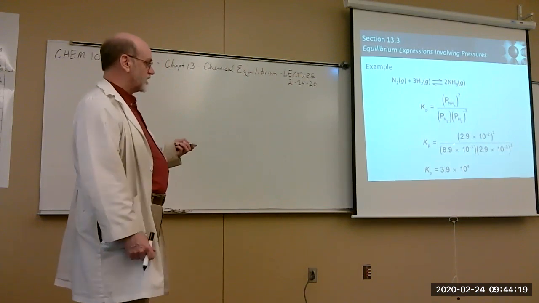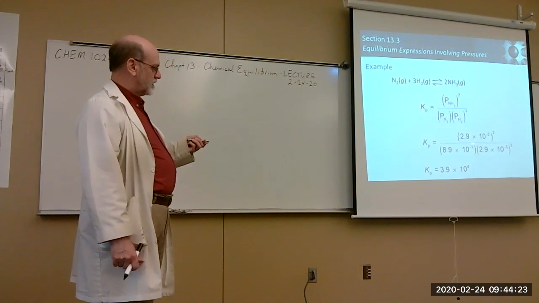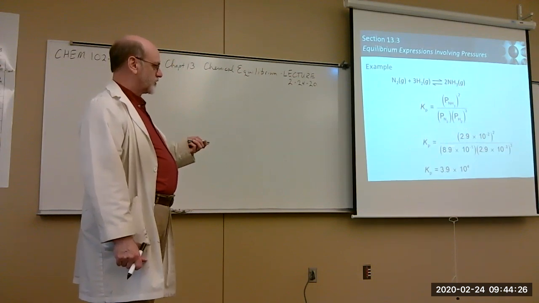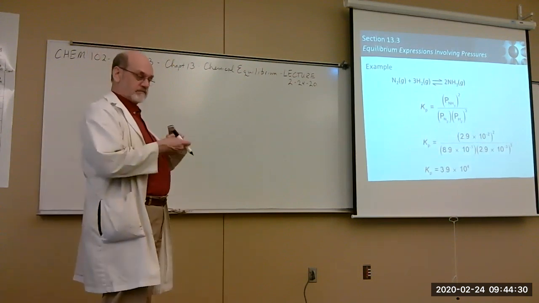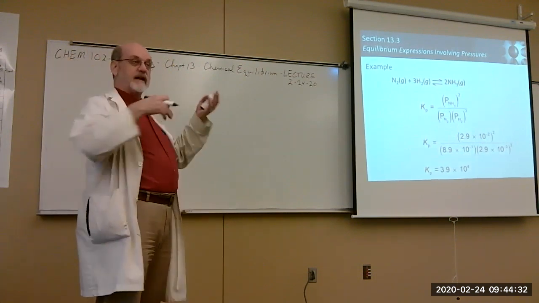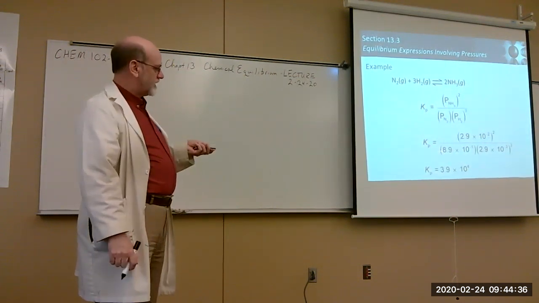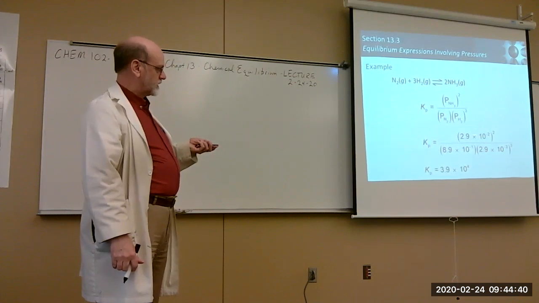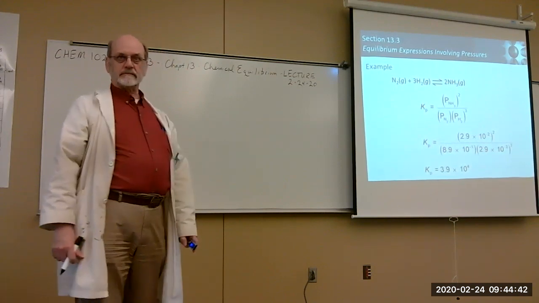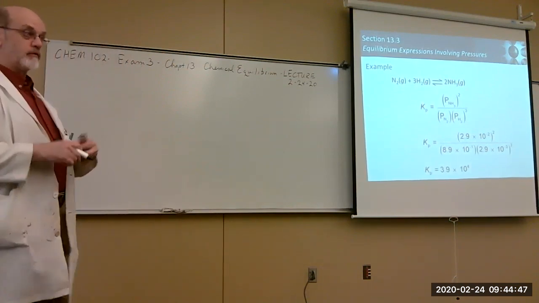A large K value means large numerator, small denominator. Likewise, if it were some other reaction that had a very small number, 10 to the minus 4 or something like that, then that says that the reactants are favored and the products are not. Simply related to the nature of quotients.